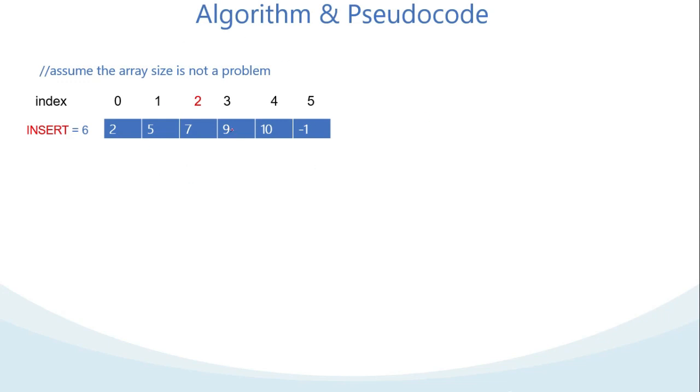Here is the visualization. If you wish to insert 6 into the array, then the first step is to search for the correct position. Here, I use the insert variable to hold the value that you want to insert. Once we know the position, we mark the position for insert.